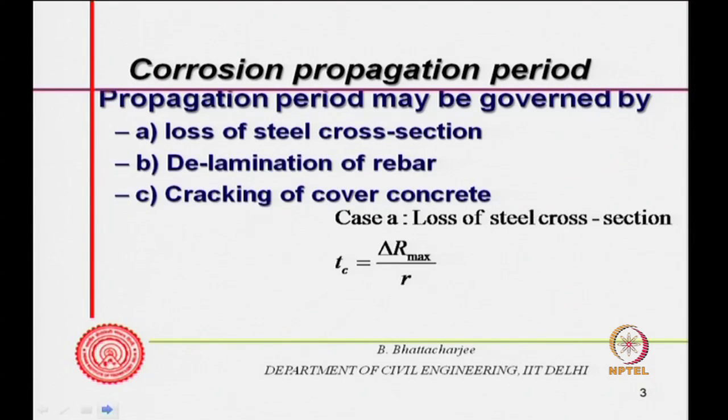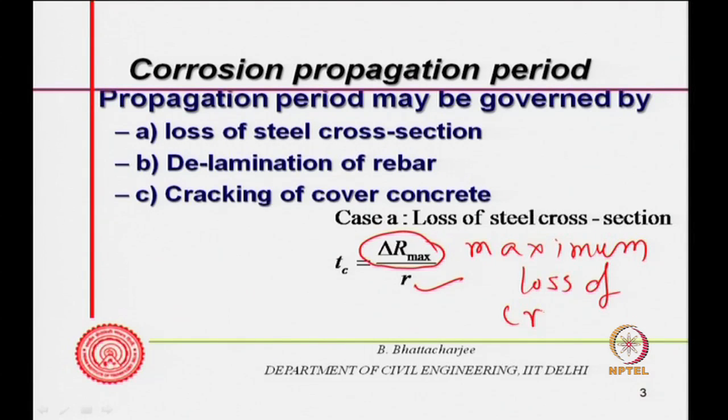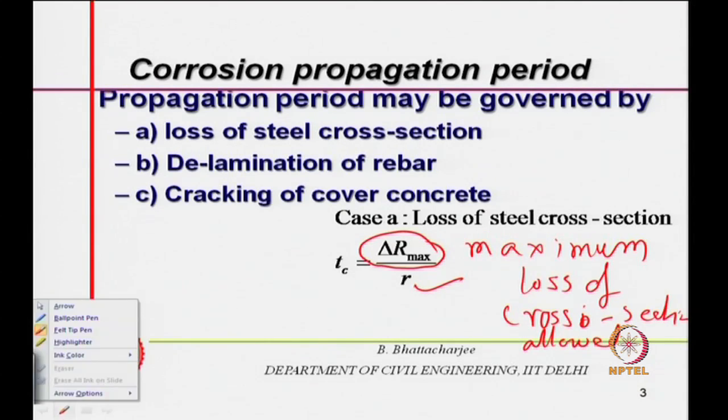Case A, loss of steel cross section. This is the rate, and delta R max is the maximum loss of cross section allowed, because after that, if the material is lost significantly, it may not be able to carry the load.